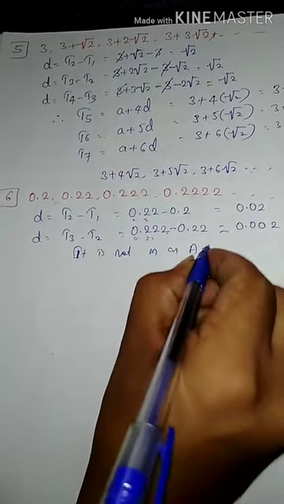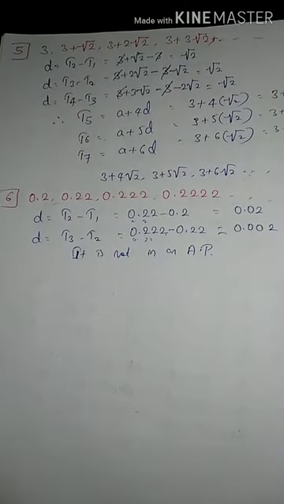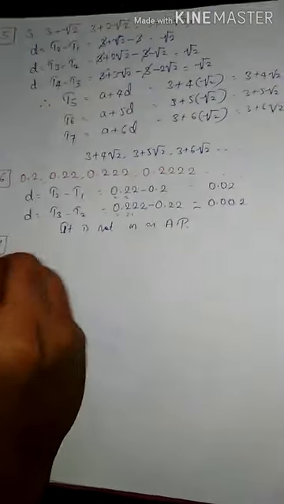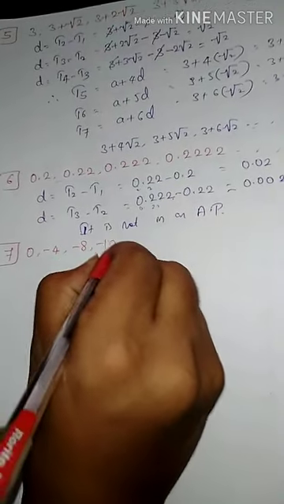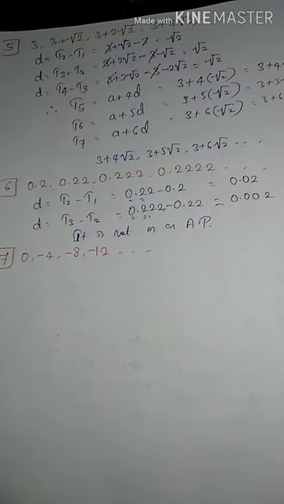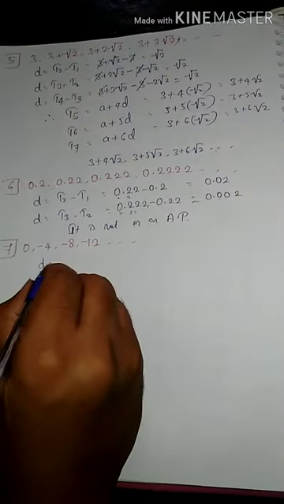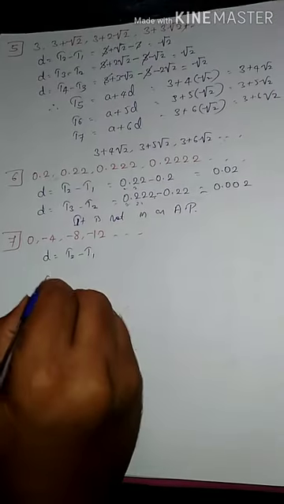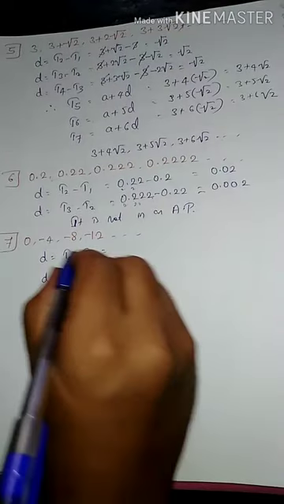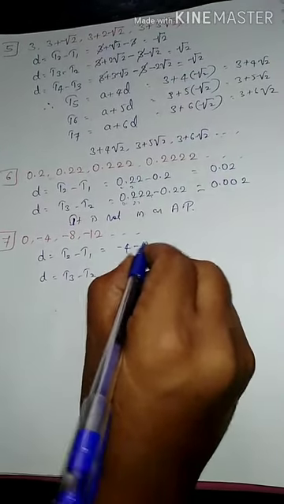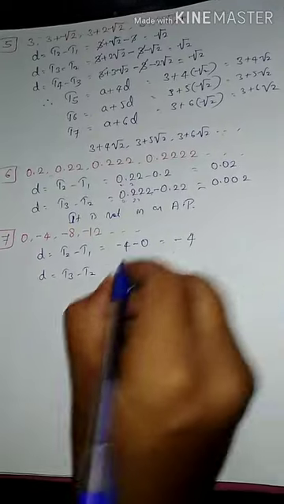The next, seventh example: 0, -4, -8, -12, and so on. So here the common difference D is equal to T2 minus T1 and D is equal to T3 minus T2. T2 is -4 and T1 is 0, so -4 minus 0 is -4.